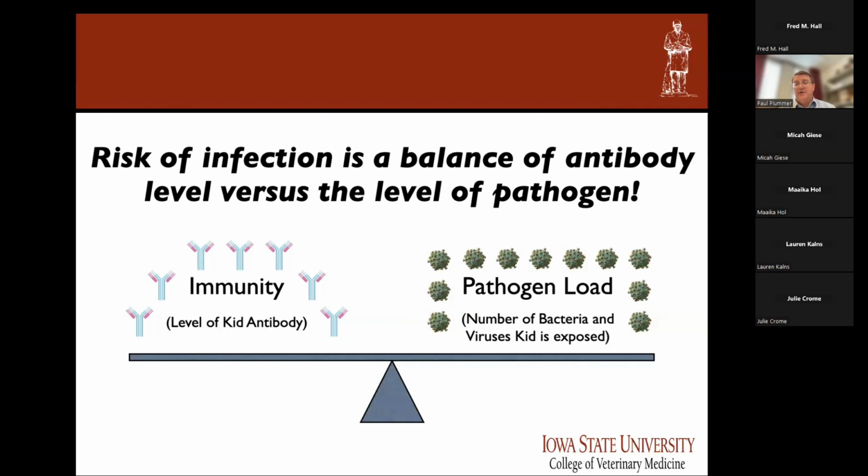To some degree, what is the ambient weather? Is it wet and humid, or is it minus 20 and snowing? And so these pathogen loads can have a lot of different characteristics or attributes that impact them.